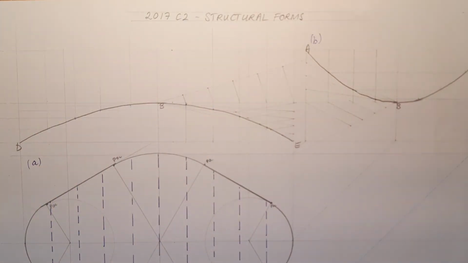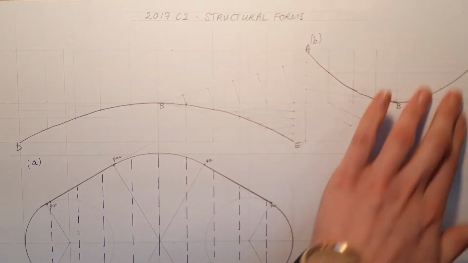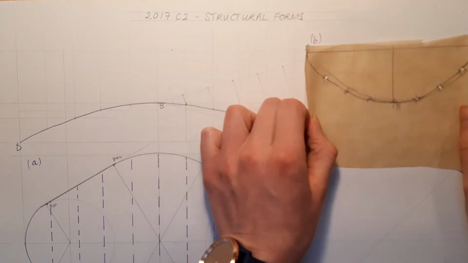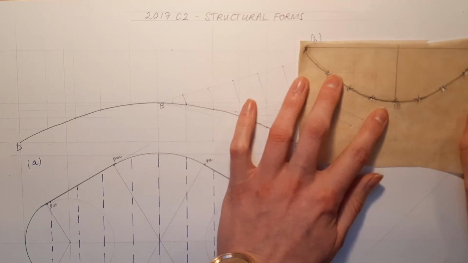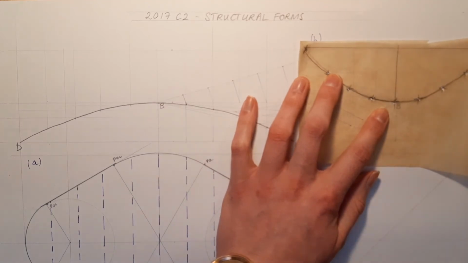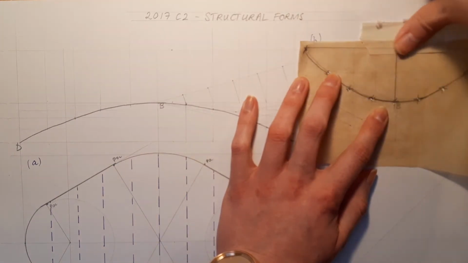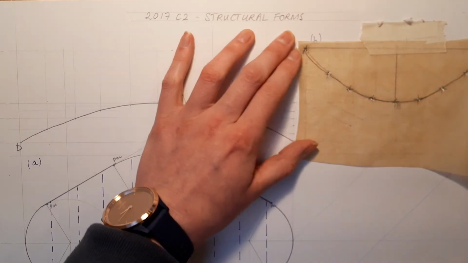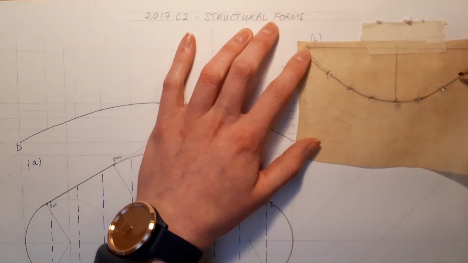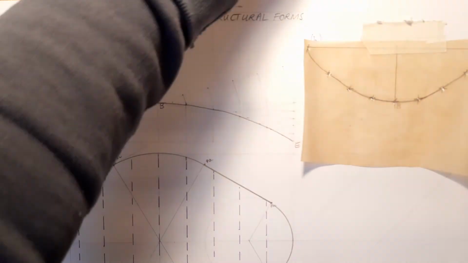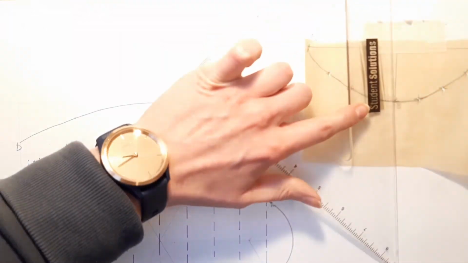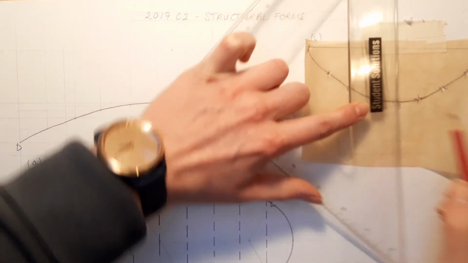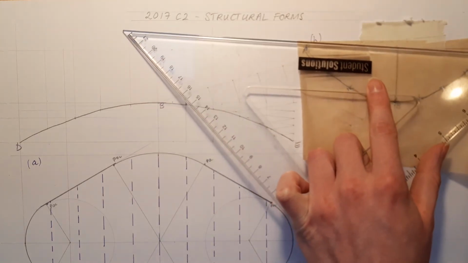Grab your tracing paper and you're going to put it on the curve ABC, directly on it. Okay, as you can see, I have mine drawn, but I'm going to explain how you do it. So basically, trace directly over the curve. Make sure you get your center line drawn in really accurately, directly on top of it in both directions.